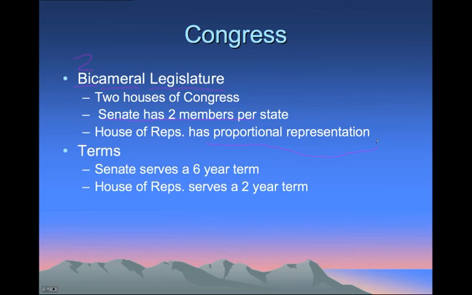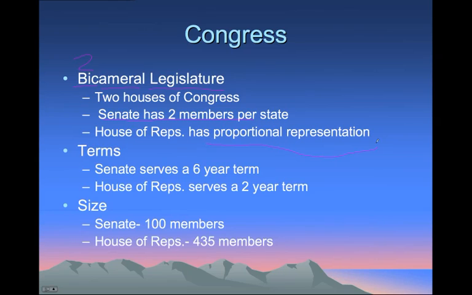Then a constitutional amendment was added, and that was changed, and now both of them are elected by the people. The size of each, as I said before, the Senate has 100 members, and the House of Representatives has 435 members, totaling 535 members or representatives of the United States.